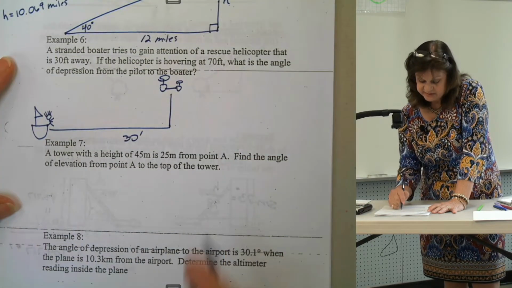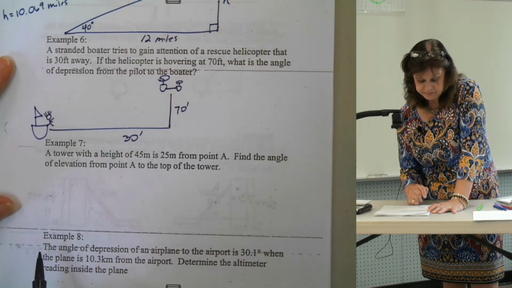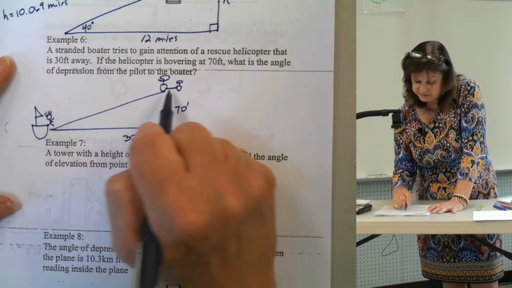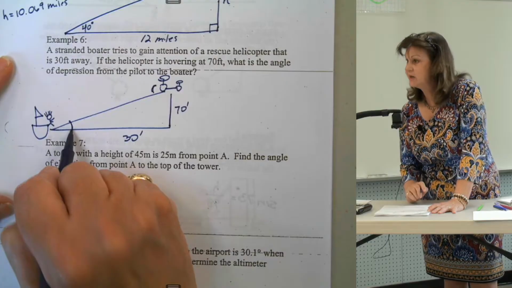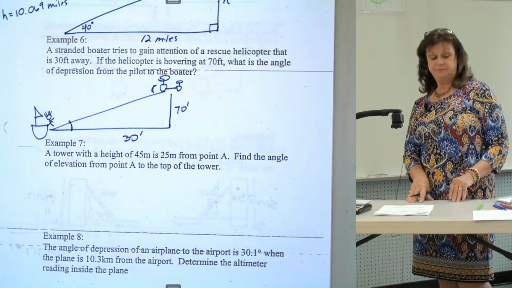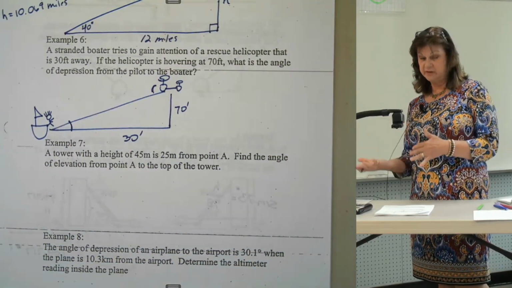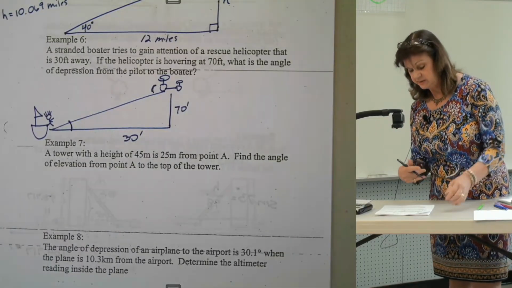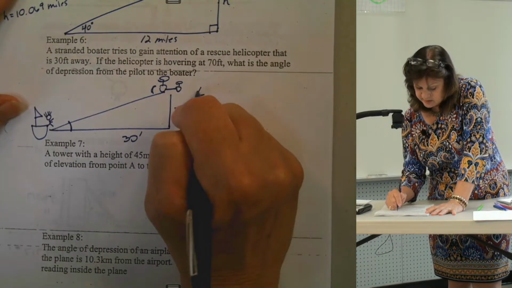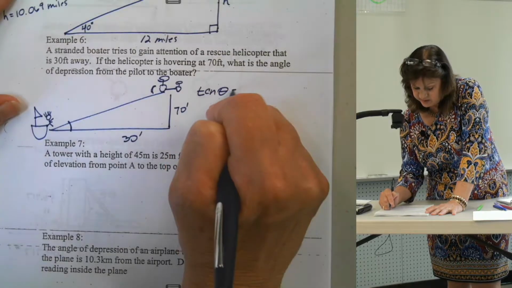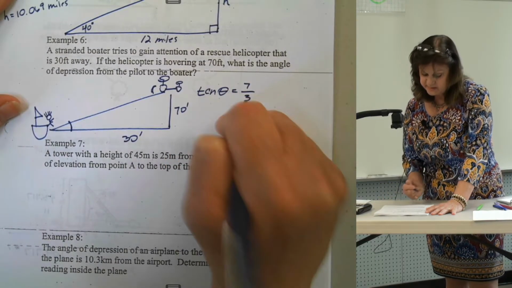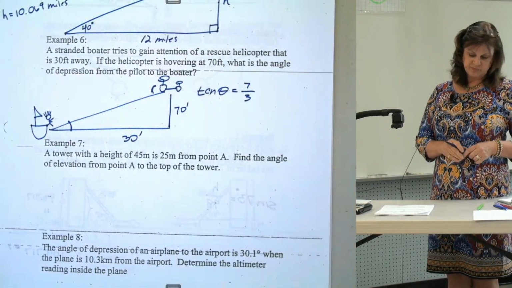The helicopter is at 70 feet. What is the angle of depression? Which means what? The angle of elevation. That's what we're looking for. So again, I've got an opposite and I have an adjacent. So the tangent of some angle is 7/3 or 70/30.